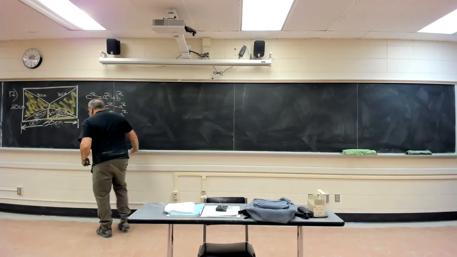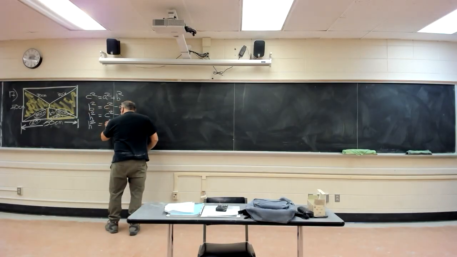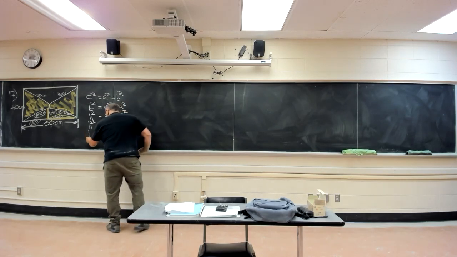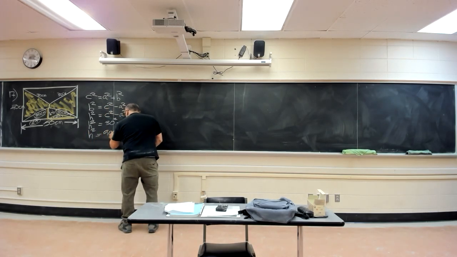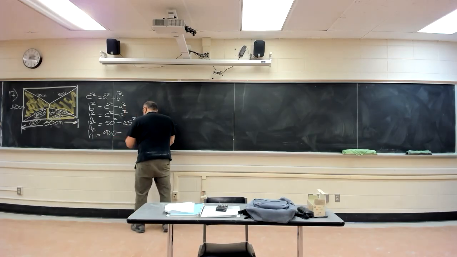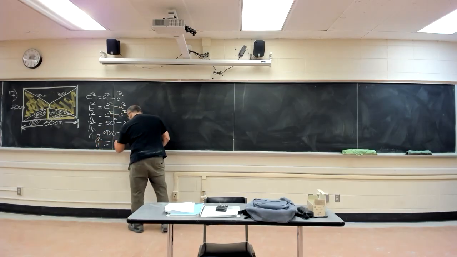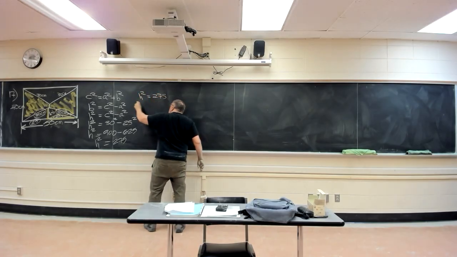C right here is 30. A is 25. 30 squared, 900. 25 squared, 625. Do the subtraction. There's no shortcut here. H squared equals 275.